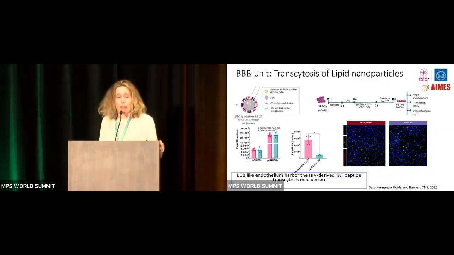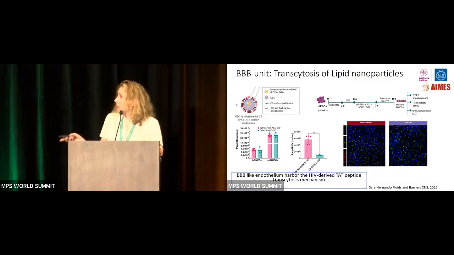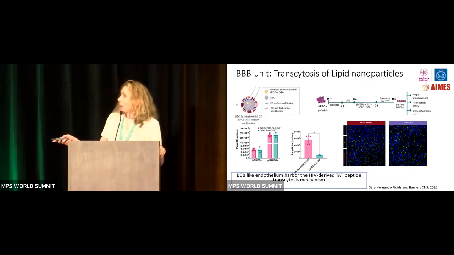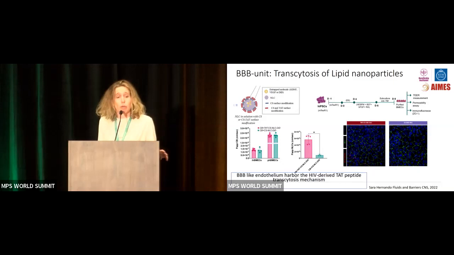brain. When we conjugated them with this TAT derivative peptide, we could see that there is no impact on the barrier function. These nanoparticles keep the barrier intact, but we could strongly see that when conjugated with the peptide, we have a much higher penetrance than with non-conjugated nanoparticles.